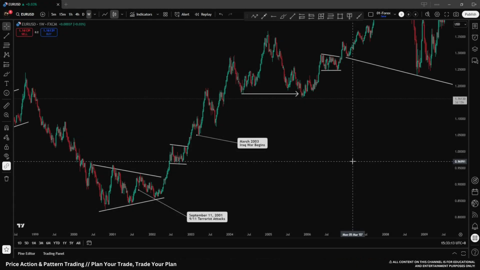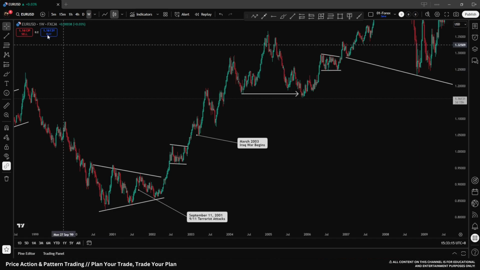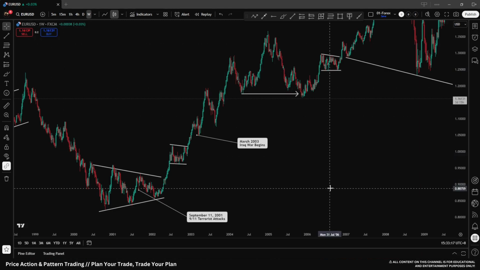So we are back on the Euro US dollar weekly chart, this time with a slightly different focus. We discussed what the major drivers are. We have the governments and the institutions, they trigger events, and then we have the speculation and the interpretation of the impact of these events that leads to repeatable behavioral patterns.